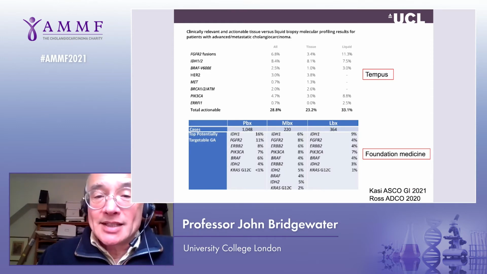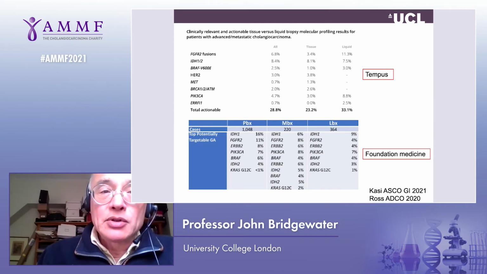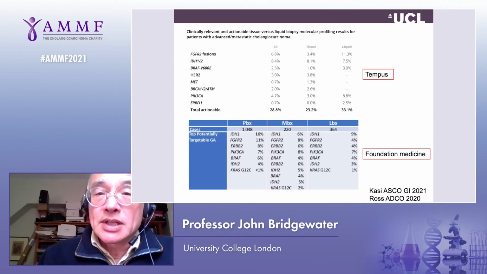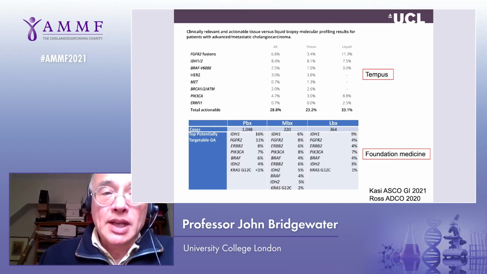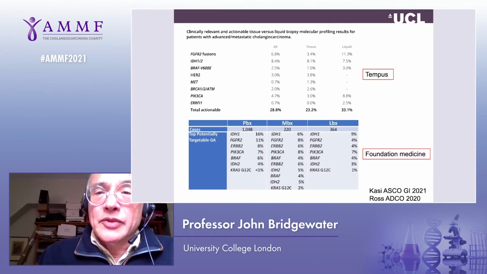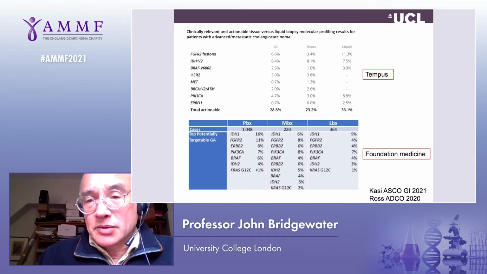But doing the test is really, really important. And if you compare different tests and different ways of doing it, you get quite a few different answers. So if you look at the top here are our usual suspects, which I showed to you in the previous slide. And this test is done using a commercially available test called Tempus.